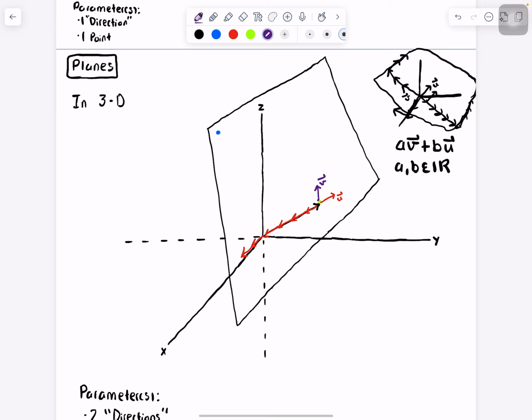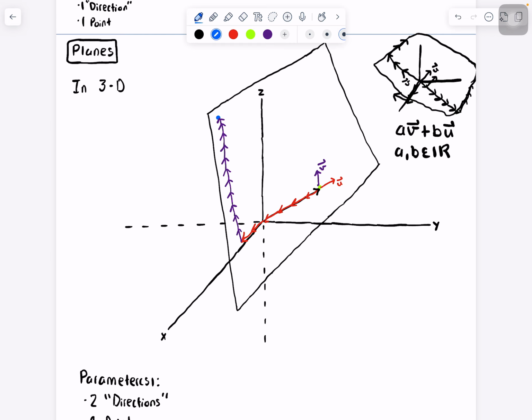So I need -6 versions of U. And then 1, 2, 3, up to 10, 10.5. So to get to that point, I would need -6 versions of U plus 10.5 versions of V. So that would be a linear combination I can use to get to that blue point.